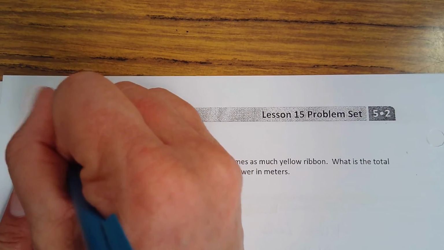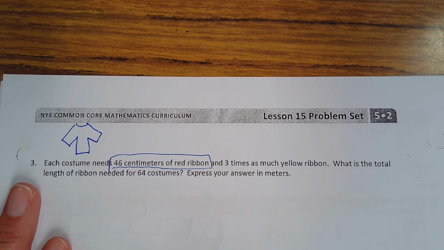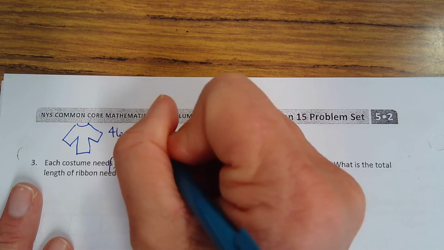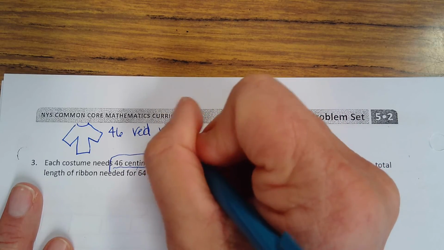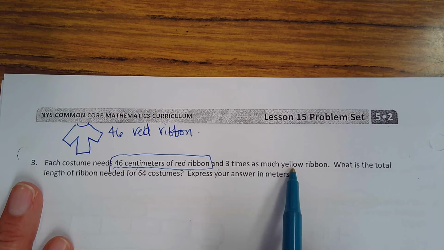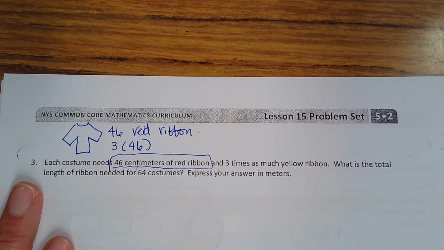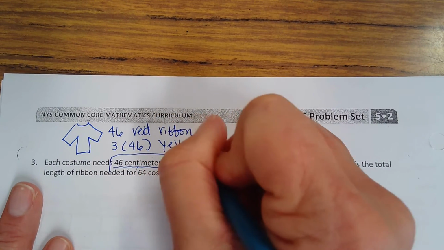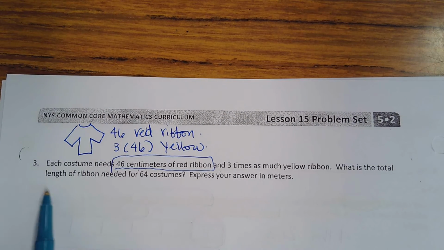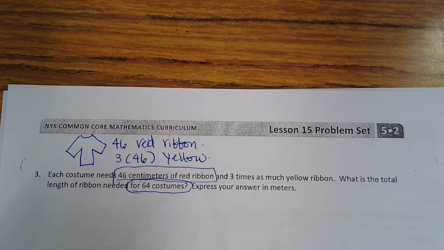So one costume needs 46 centimeters of red ribbon. And 3 times as much yellow ribbon. So 3 times as much for yellow, right? So what is the total length of ribbon needed for 64 costumes?